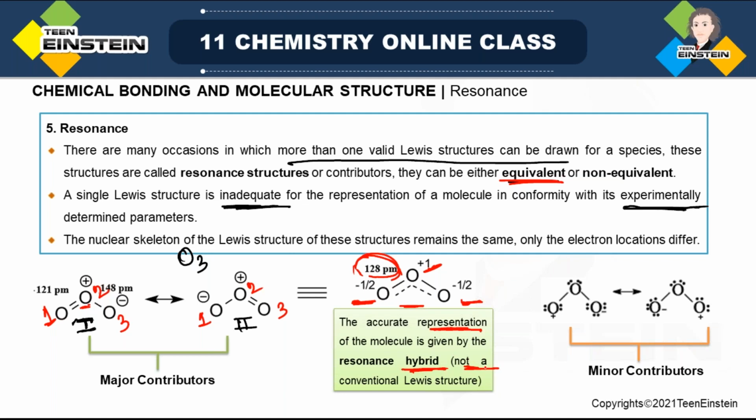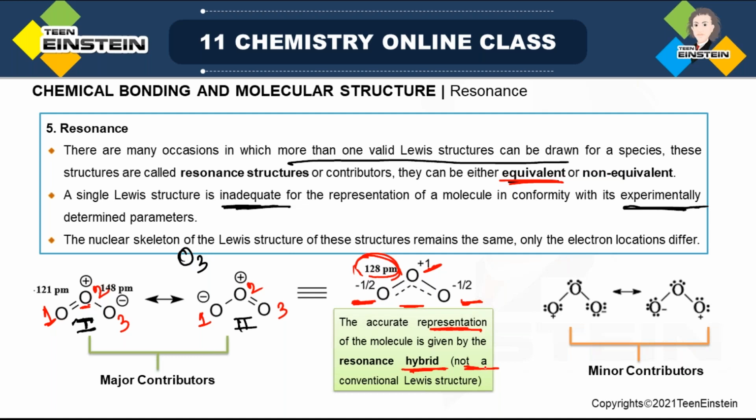But now as we are learning resonance, you have to understand how to draw this average structure, because only if you consider this can you explain the experimental result. If you simply consider these two individual structures, it does not match the experimental result. Fine. So it is clear.